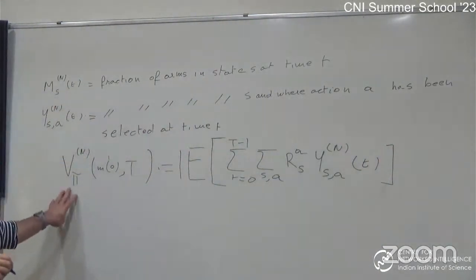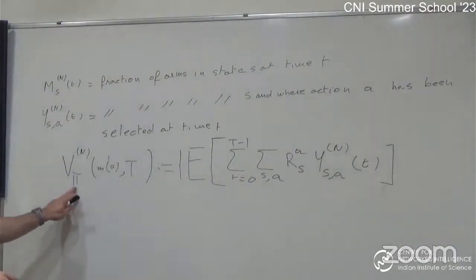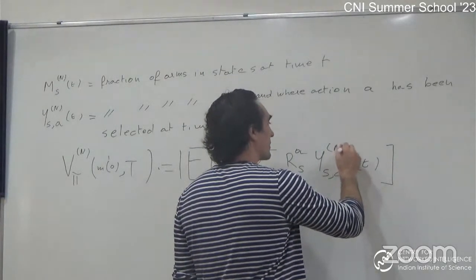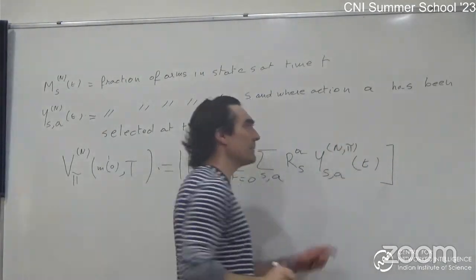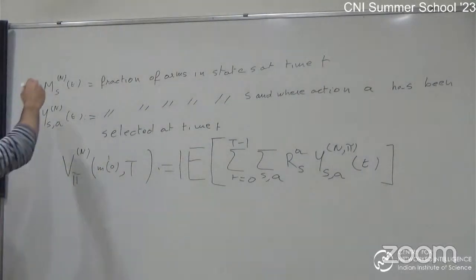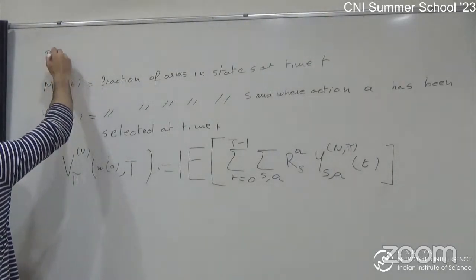So this is my value for finite bandit in the sense that you have N arms. This is my reward when I apply a policy phi. And so what I will just do is I will add a small phi. Sometimes I will forget it, but just remember that for now, I'm always using a policy phi. So I will define phi, which is basically a mapping.